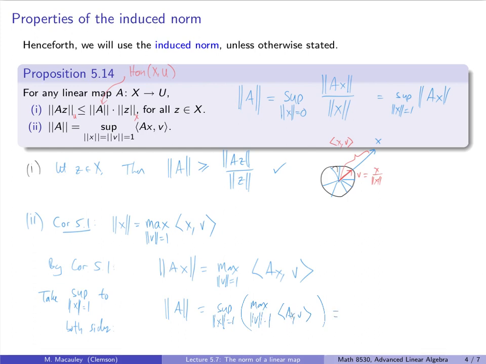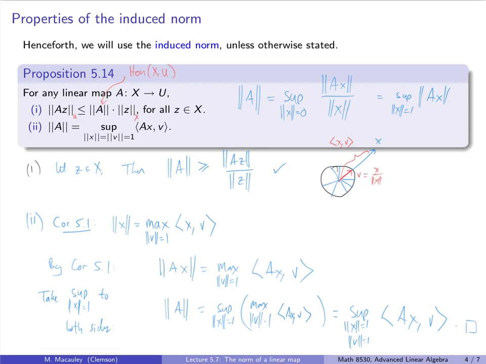And once again, supremum and maximum are the same thing because we are in a finite dimensional space. So take the supremum over all norm x equals 1 and norm v equals 1 of the inner product of Ax and v. So it really is not much more than taking corollary 5.1, plugging in Ax, and applying the supremum to both sides. And that's that.